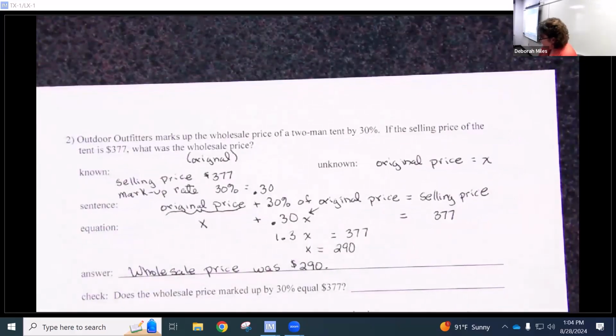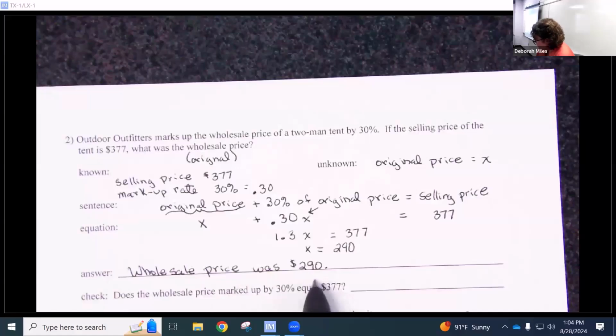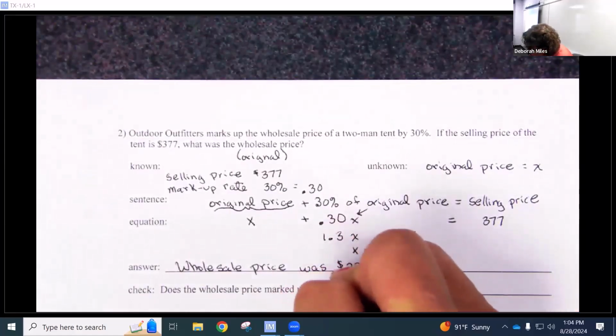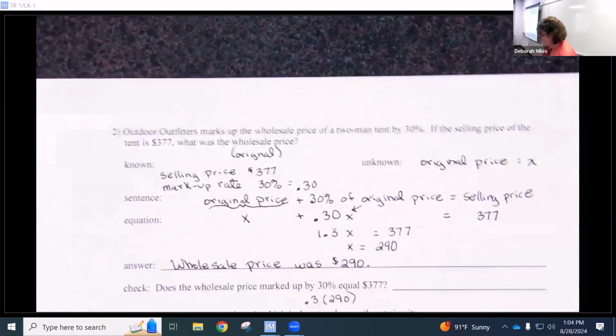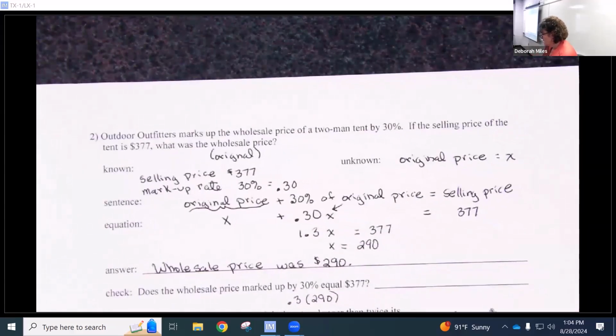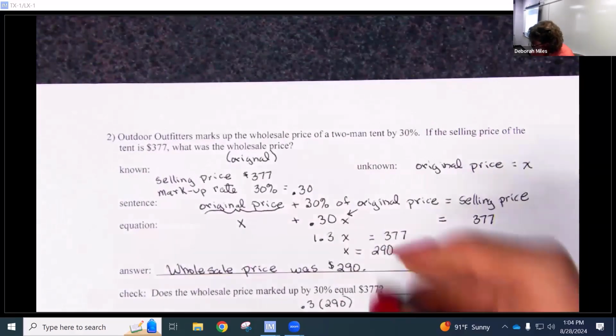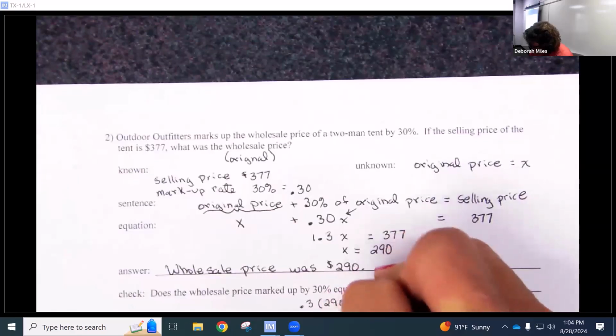And to check that, I would take 30% of $290, 0.3 times 290. 0.3 times 290 is $87.